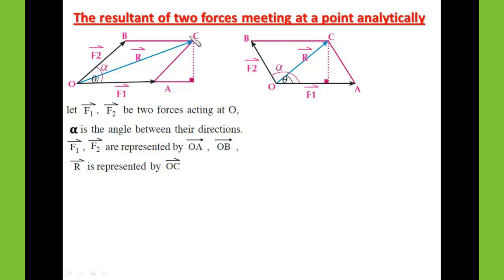It is the diagonal of the parallelogram. Let theta be the angle between R and F1. Theta here is the black angle. It is the angle between OA and OC, the angle between the first force F1 and the resultant.